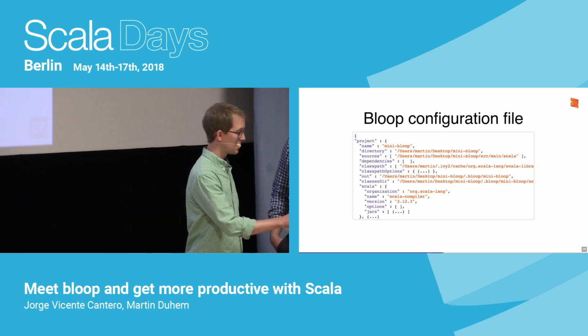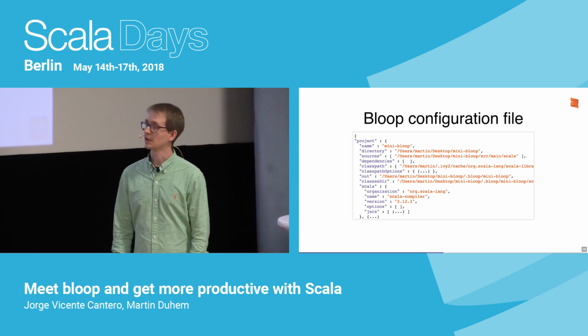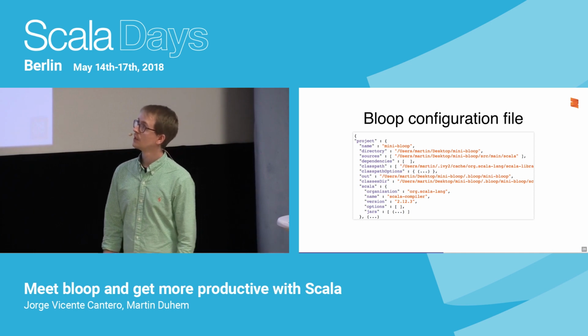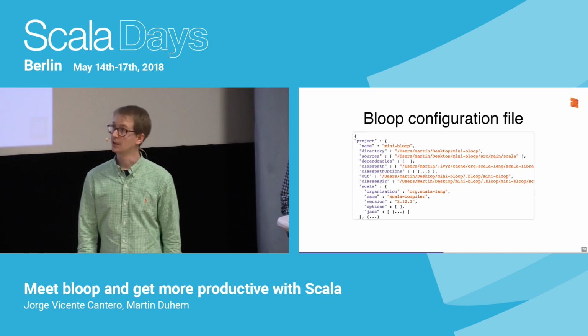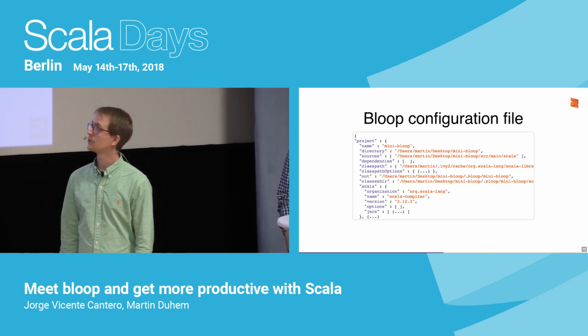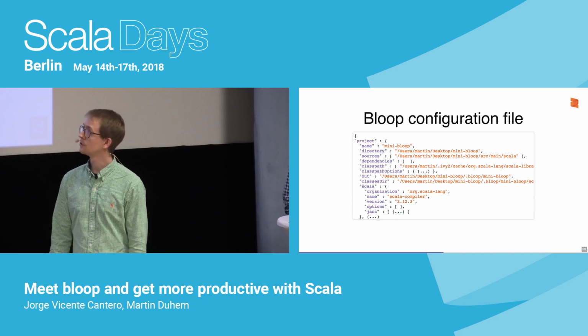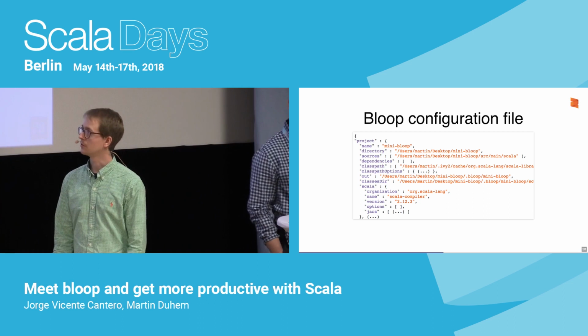Looking great. This is what the configuration for bloop looks like. This is something that will be generated by your build tool for you. And we've made it so that it's pretty transparent and very well specified. You can see, for instance, it knows what is the base directory of the project, where to find the sources. You have the full class path that will be passed to the compiler.